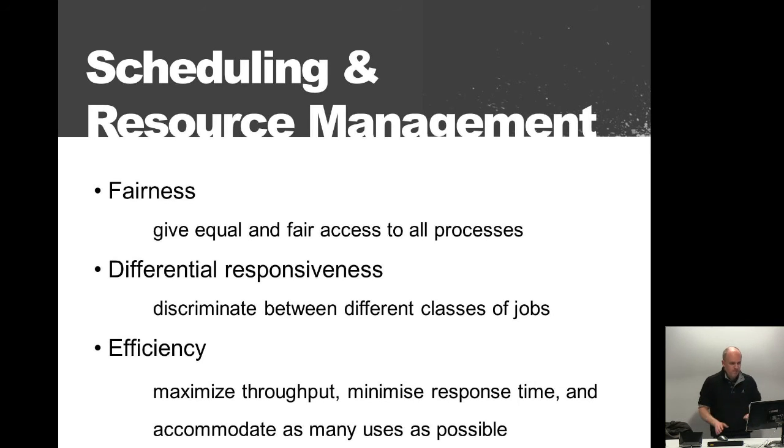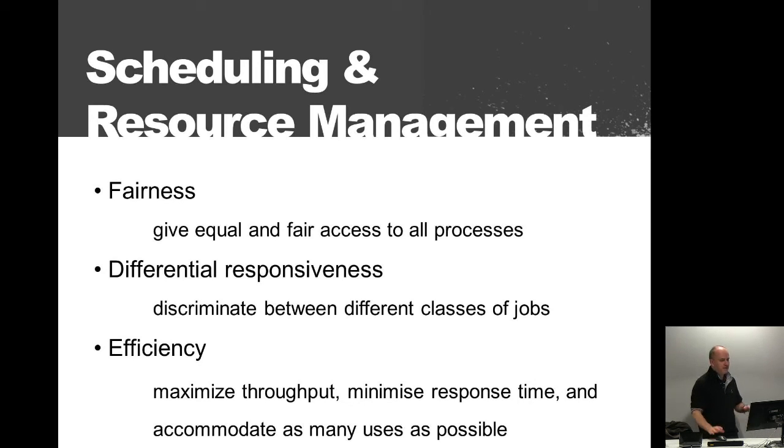You also want the system to be efficient. You want to make sure that the components are used to the maximum they can, that the response time is quite low, and obviously that you can use all those different applications at the same time.